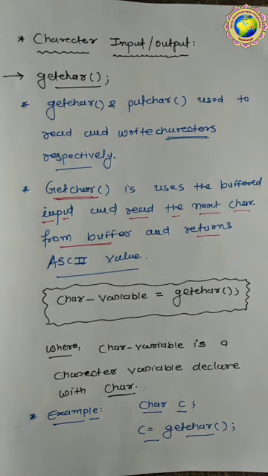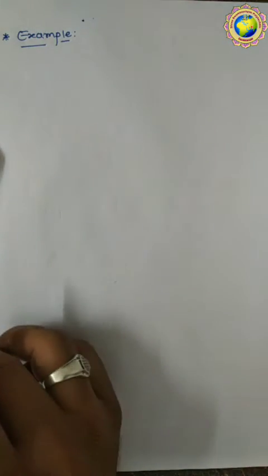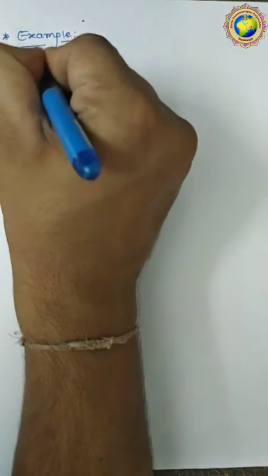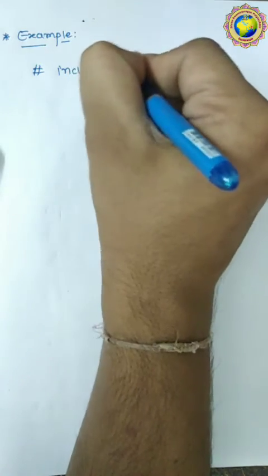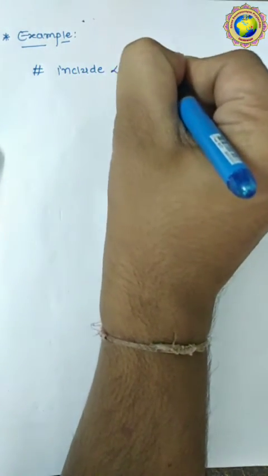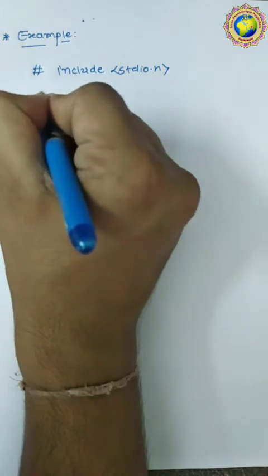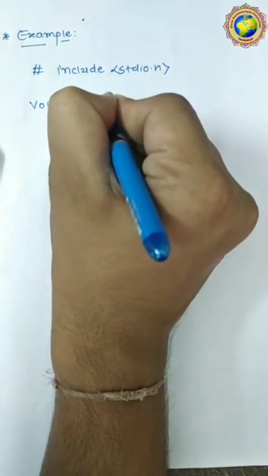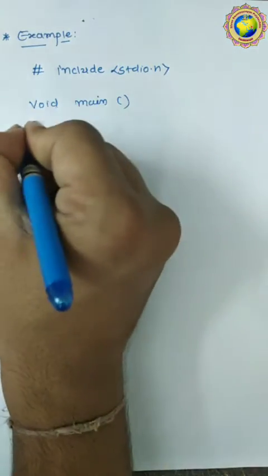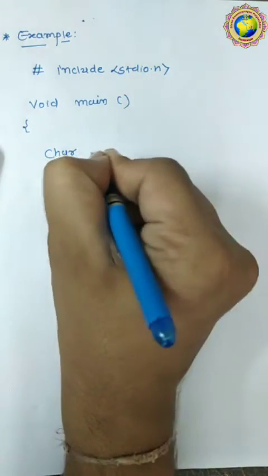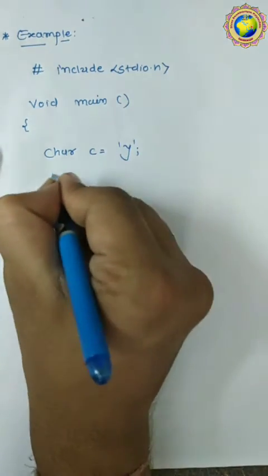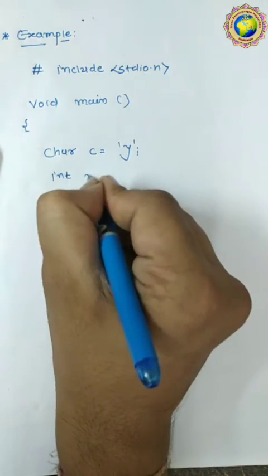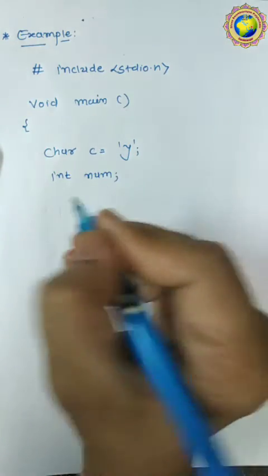Let's understand it with an example. Hash include stdio.h, void main, char c is equal to y, int num.